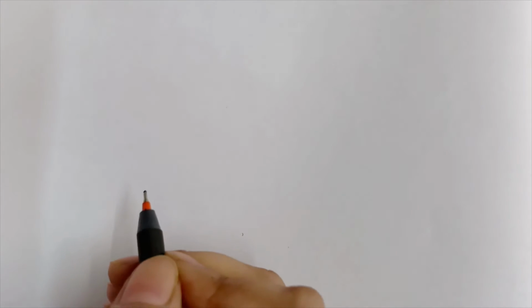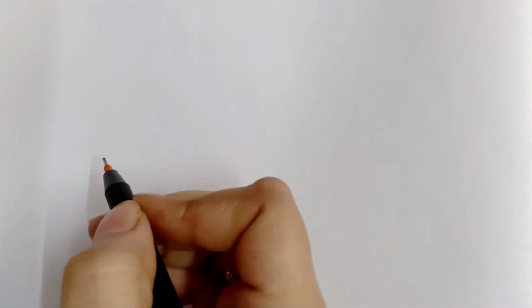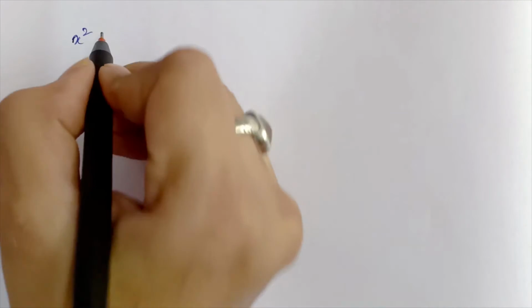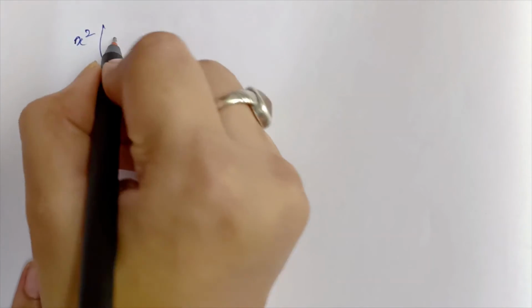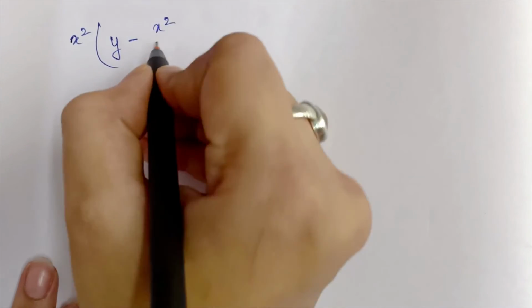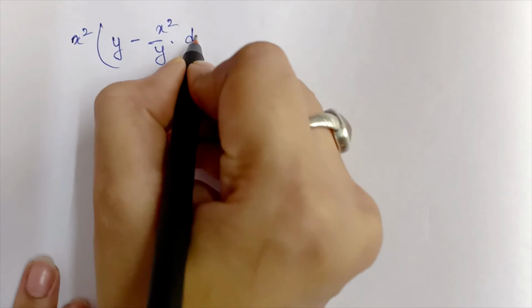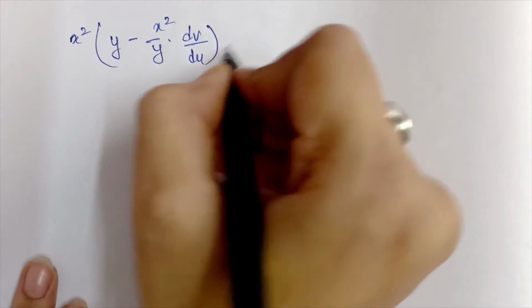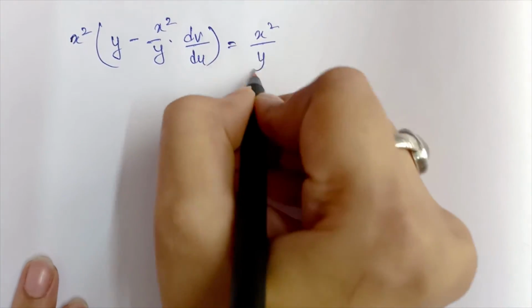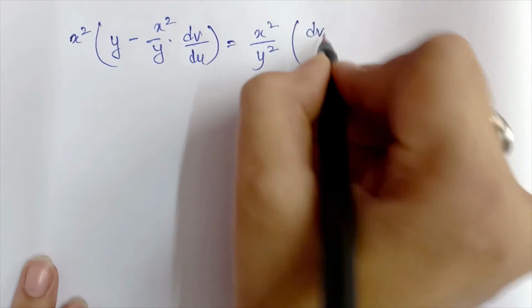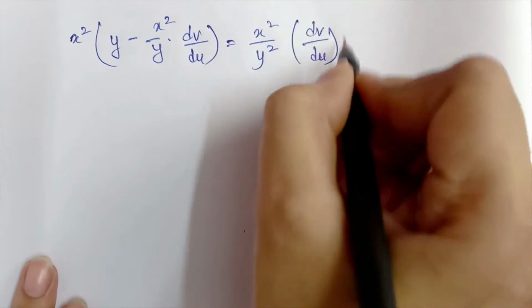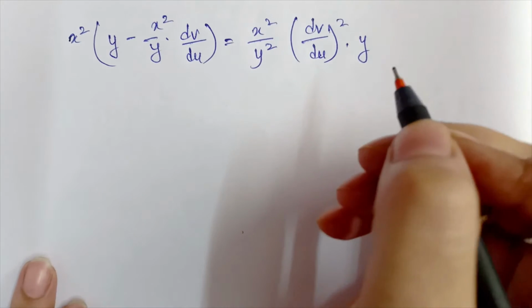Now substituting this value of p in the given differential equation, we get x square into y minus x square by y dv by du equals x square by y square dv by du whole square into y.